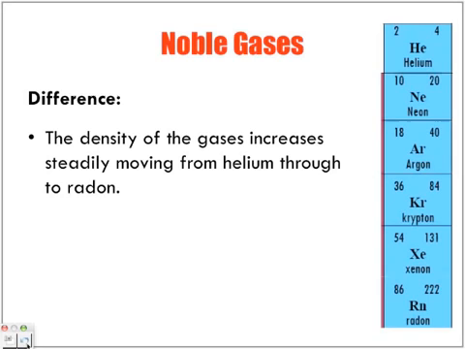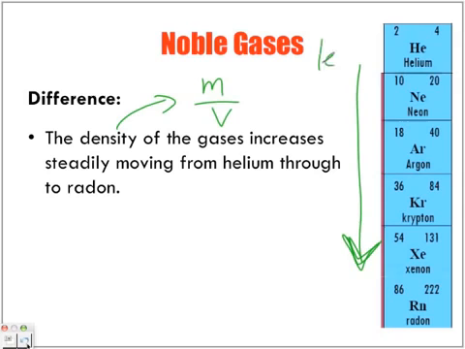And as we move down, of course, that rule still applies. So the density, and as we've talked about in terms of density previously, density is equal to the mass divided by the volume. Right? So this density is going to increase as we move down, right? Which means the most dense would be lower down here, and the least dense element would be helium.